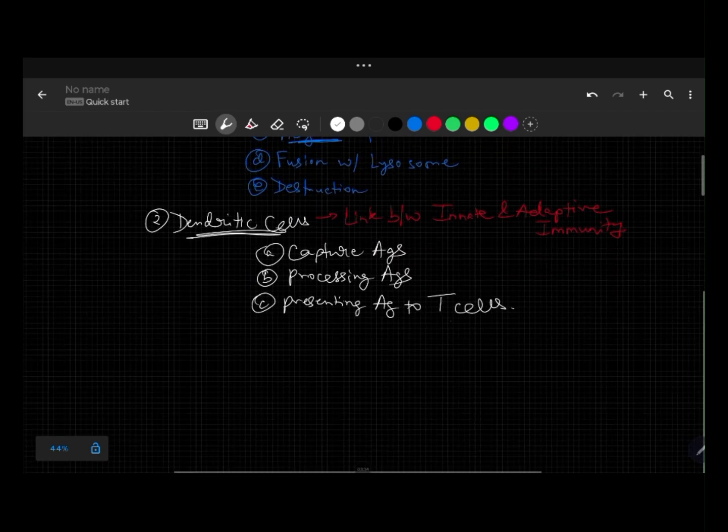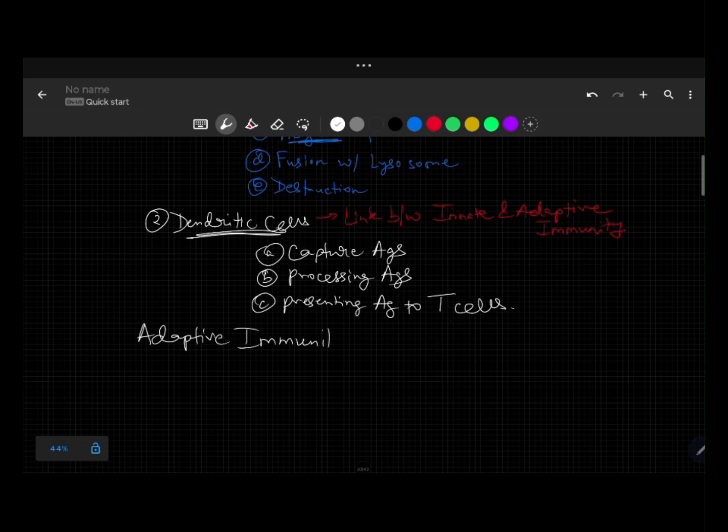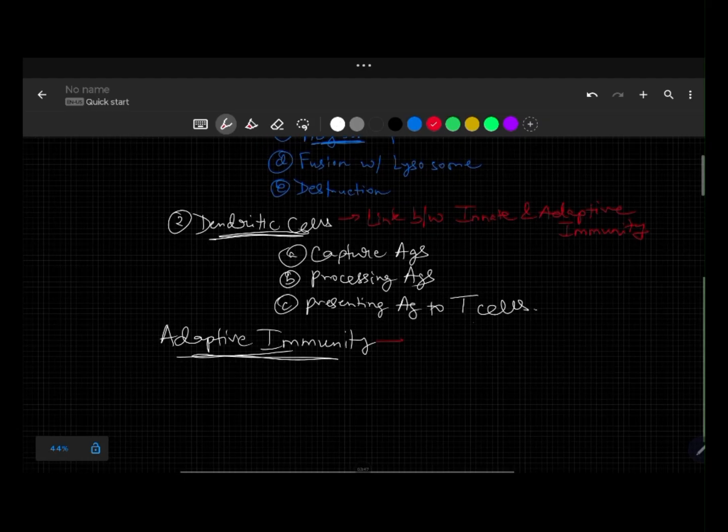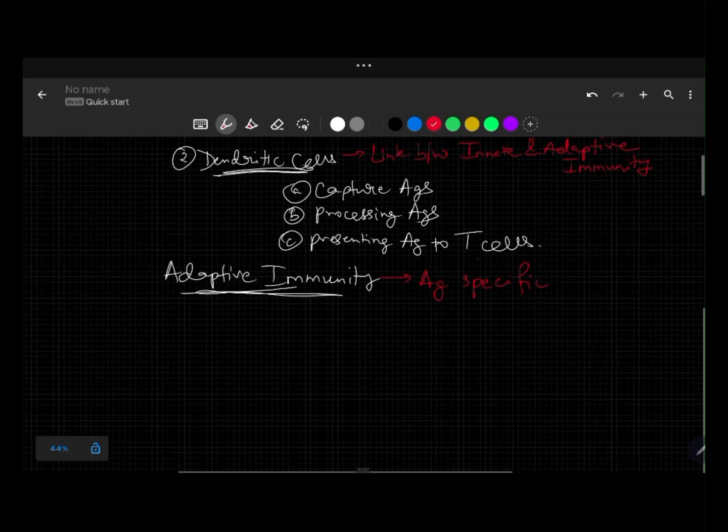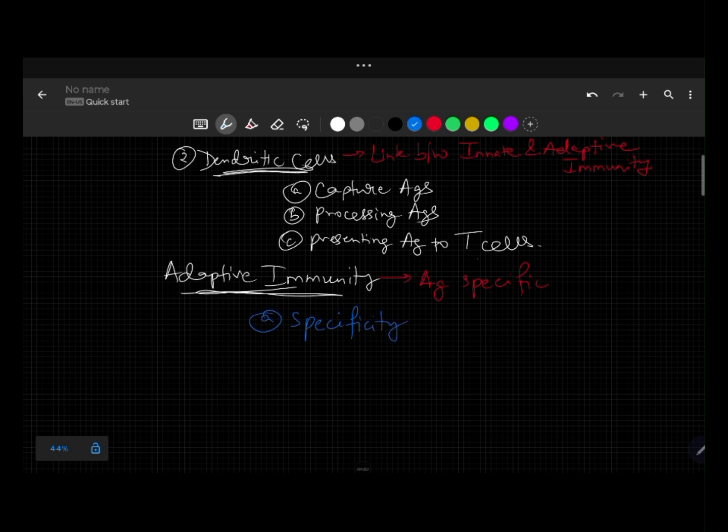As I have already told you, adaptive immunity is antigen specific. Its characteristics are that it is specific for specific antigens, so specificity, then memory.